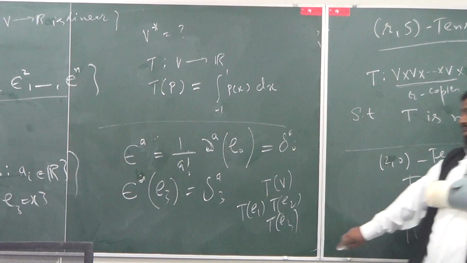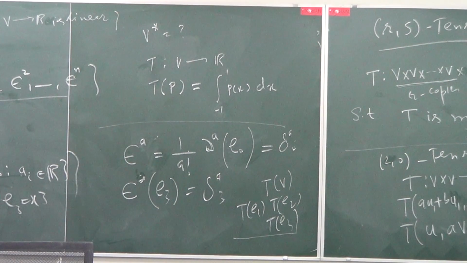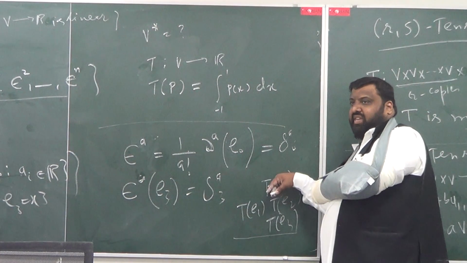So if you know them here, you know them everywhere. So you just need to find out the constants that you can put here and add, and you can get this.